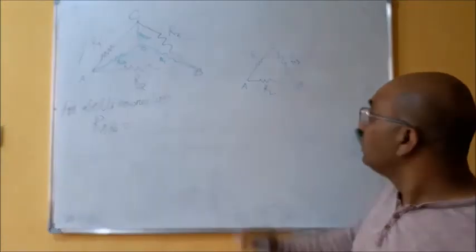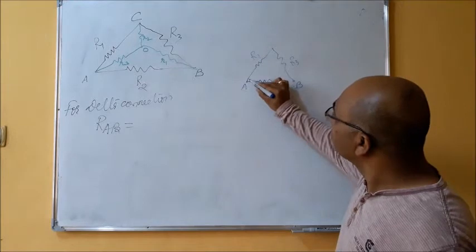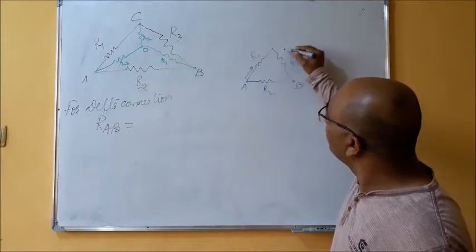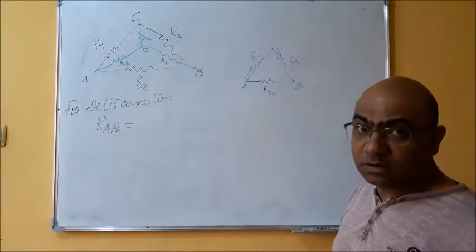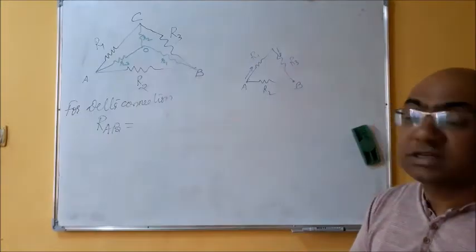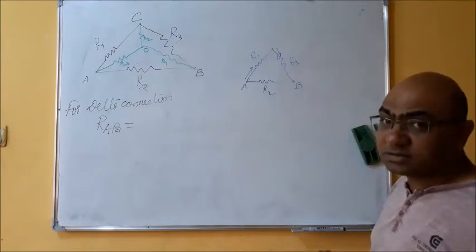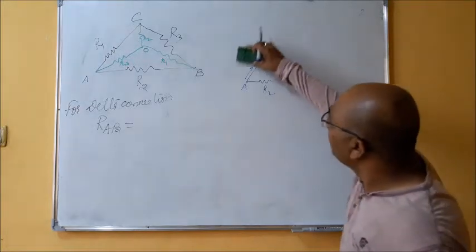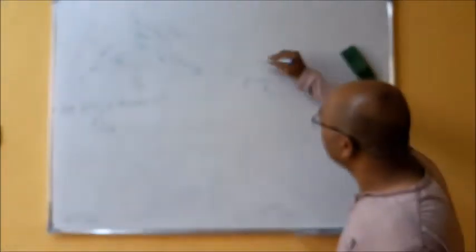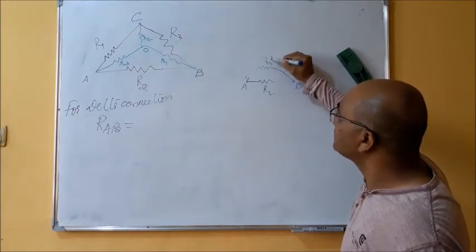You see, if I want to know the resistance between this and this, whatever current goes in here, the same current will come out here. And I told you that if the same current is flowing in two resistors, these resistances are in series. Hence R1 and R3 are in series. So in place of R1 and R3, I can replace them like this, and the value of this is R1 plus R3.